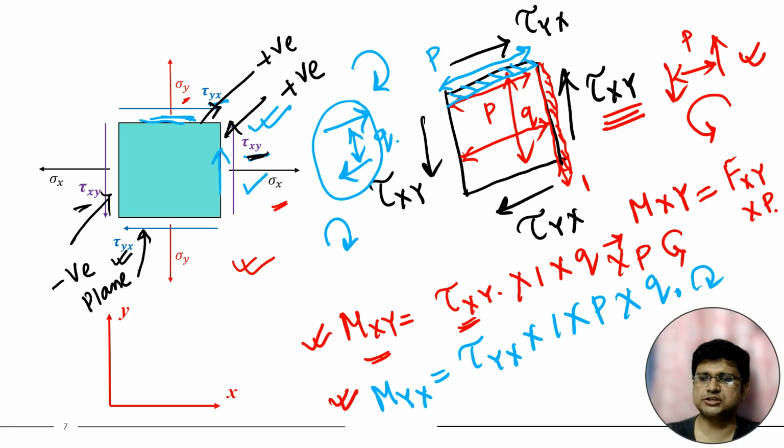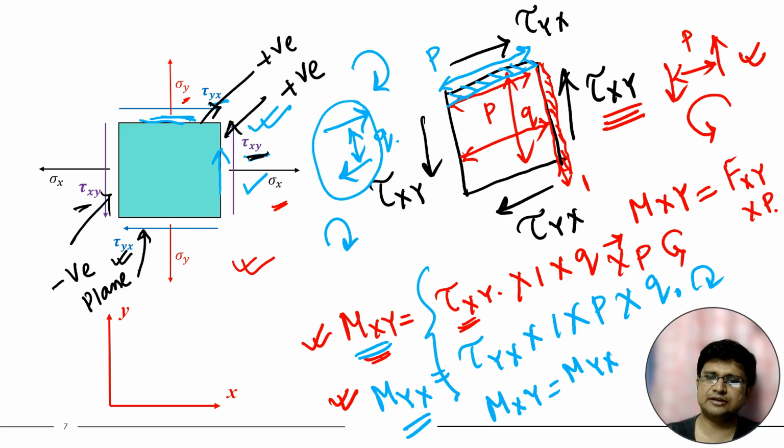Now, based on the concept of equilibrium, we can say that these two will be same. Total clockwise moment will be equal to total anticlockwise moment. And if both these values are same, then it will be in a condition of equilibrium. So mxy will be equal to myx. If both these terms are same, then for both there is p and q.